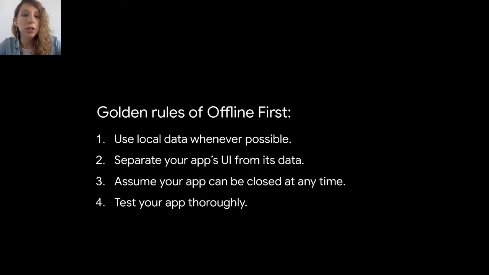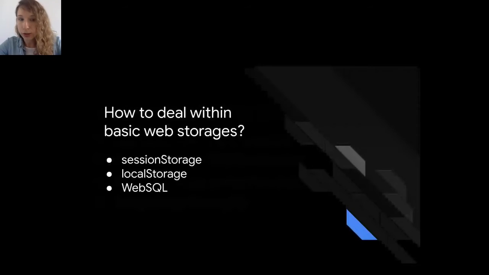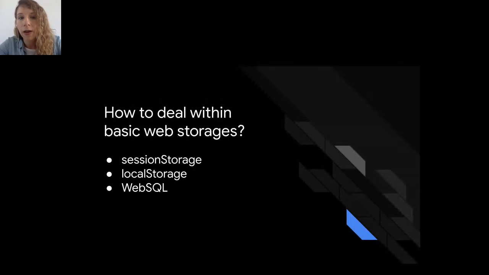And now I want to tell you about offline storage options that allow you to store data in a browser. And there are basic options, and I suppose that you already know that. So basics, this is session storage that allows you to store data locally in a browser for the duration of a page session.